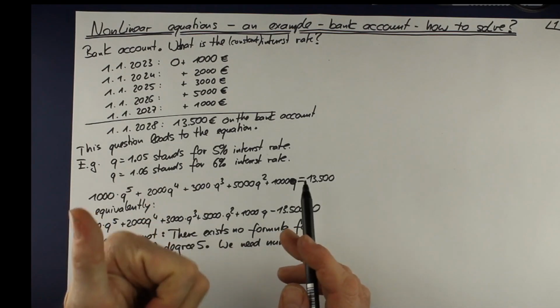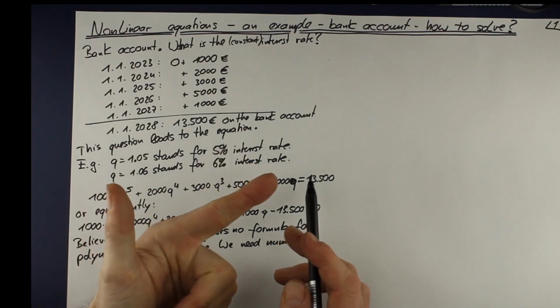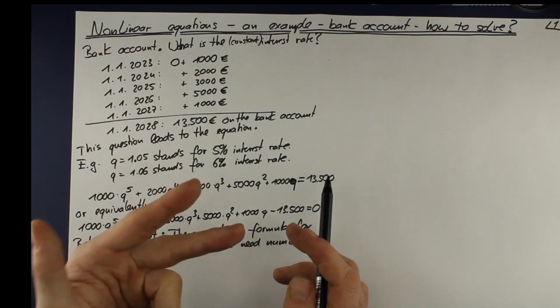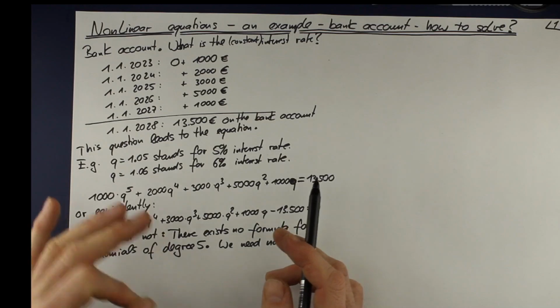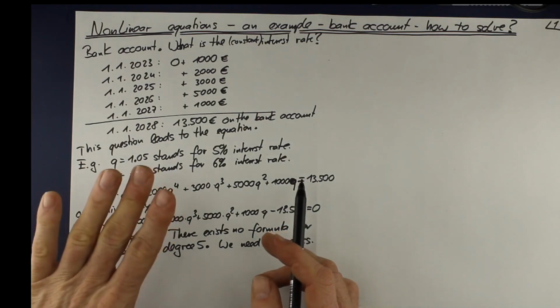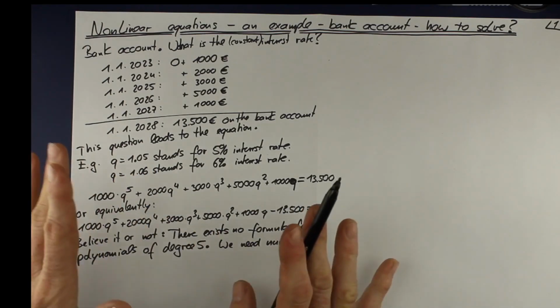For degree 1, very obviously there's a formula. For degree 2, it's the ABC formula. And also for degree 3 and for degree 4, there are formulas. But from degree 5 on, there are no more formulas. There are no more formulas.